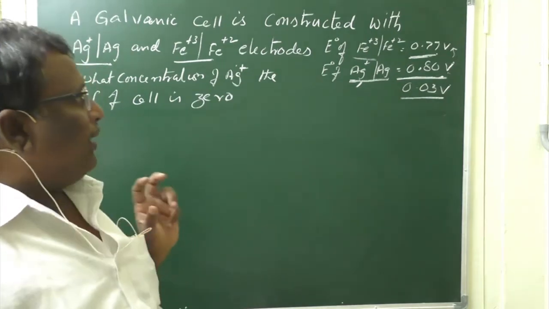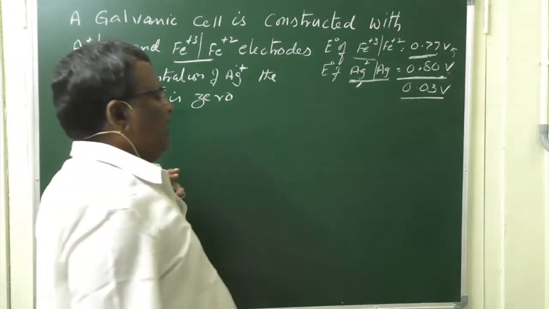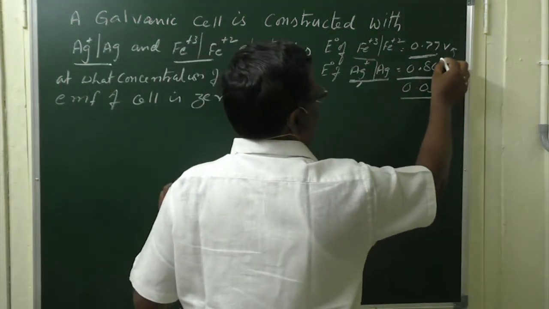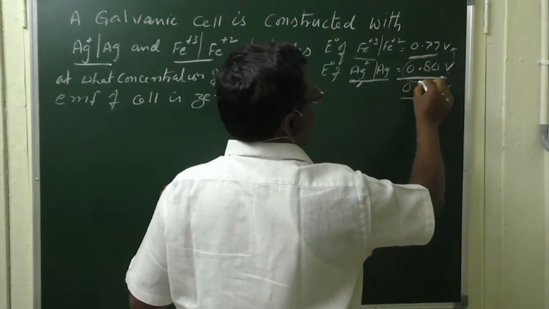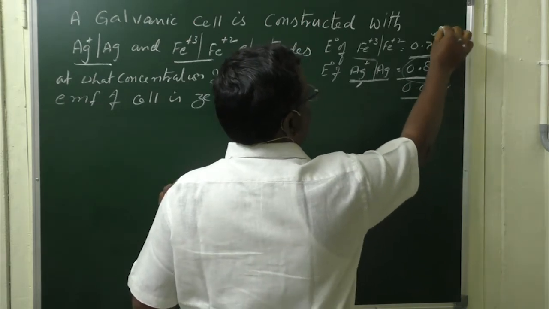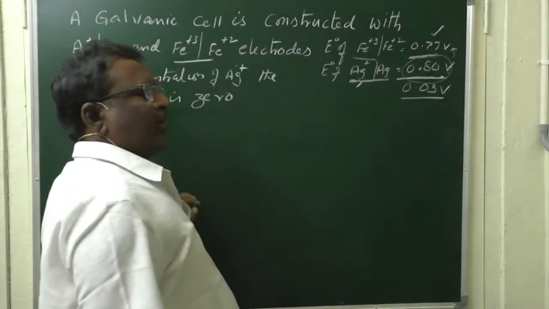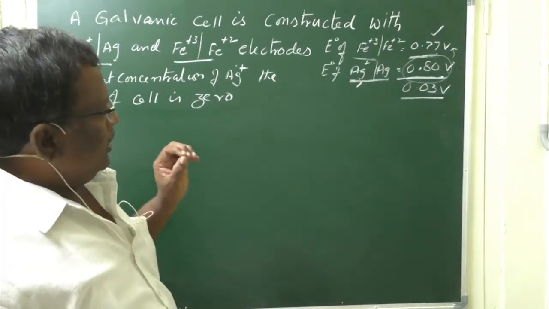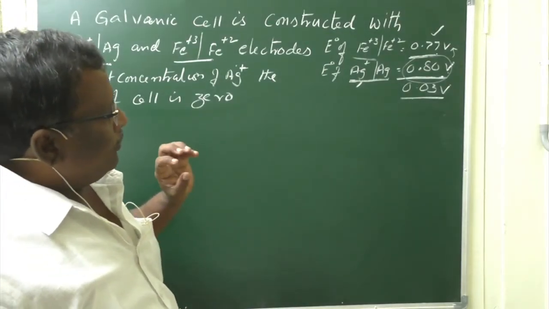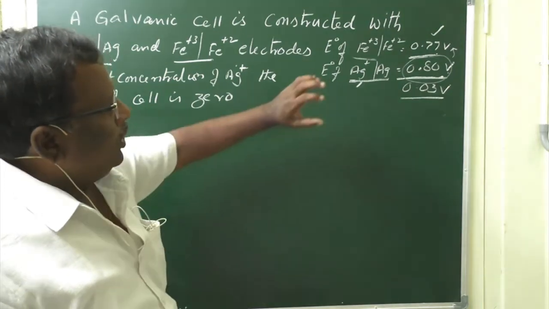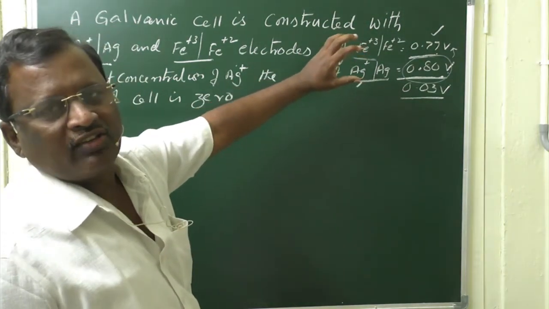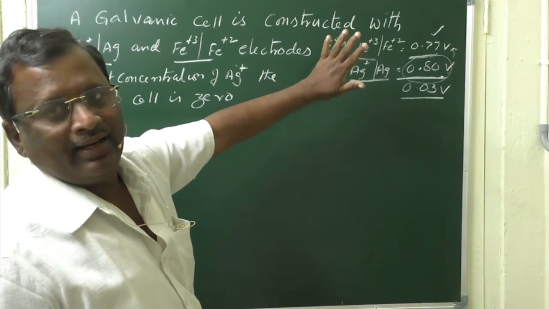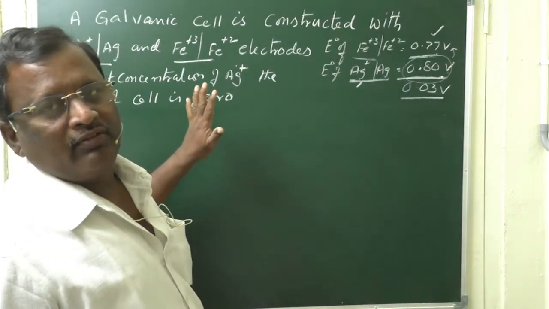So, this will happen only when the potential of silver will also be equal to the potential of the ferrous ferric electrode. That means, if the potential of the silver electrode will equal 0.77, then the EMF of the cell will be 0.